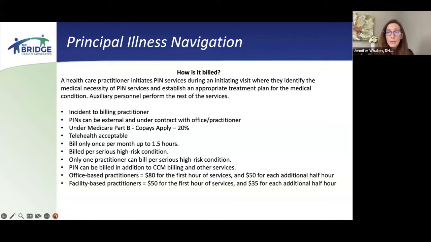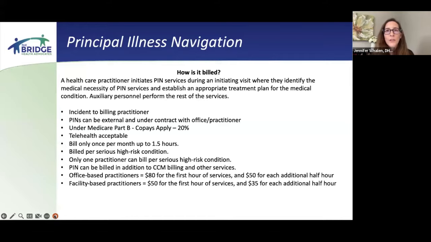But compared to what independent patient advocates do, how involved we get and how many hours we spend with our clients, especially when there's an acute concern or a new client, we're getting super involved. It's more hours than that, a lot more hours. It's billed per serious high risk condition, and only one practitioner can bill per serious high risk condition.